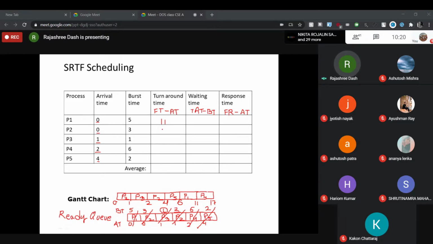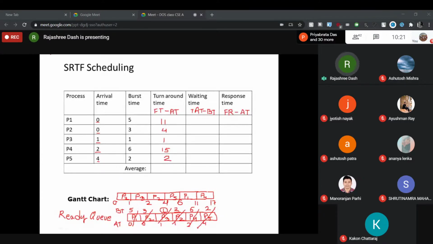So 4 minus 0, that is 4. For P3, finish time is 2, so 2 minus 1, that is 1. For P4, finish time is 17, arrival time is 2, so 17 minus 2, that is 15. For P5, finish time is 6, arrival time is 4, so 6 minus 4, that is 2.